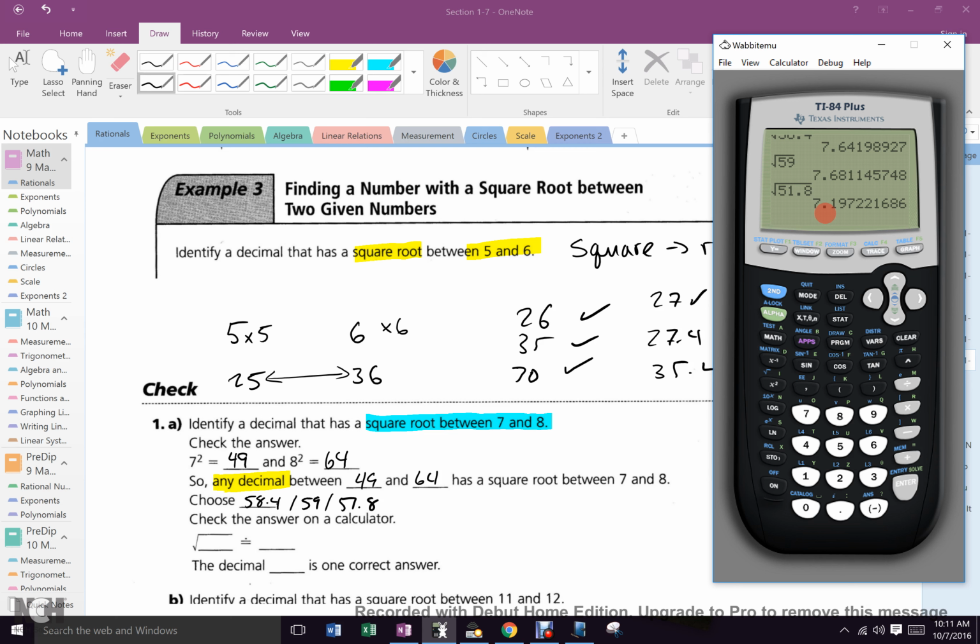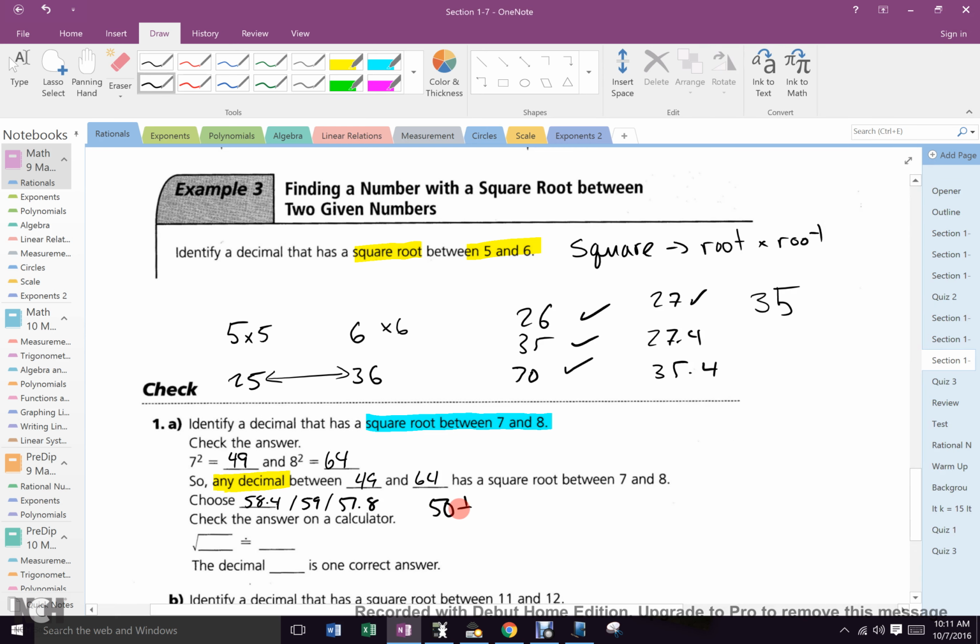50 and 1/3, right? Which would also be 151 over 3. Somebody give me another one.